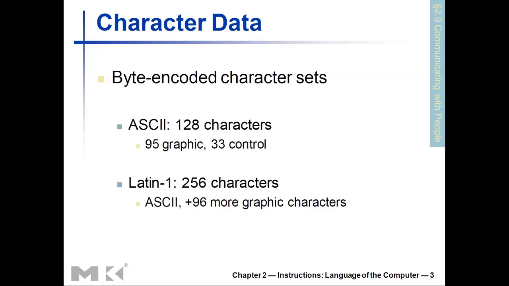And so for that we have to use a certain number of bits and also encoding standards. So there are 2 primitive encoding standards. The first one is ASCII. I think most of you have heard about ASCII and the ASCII table.